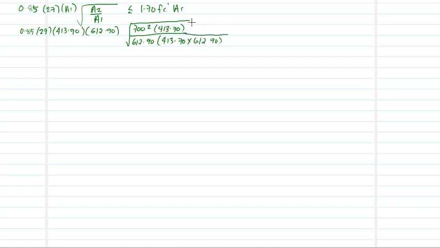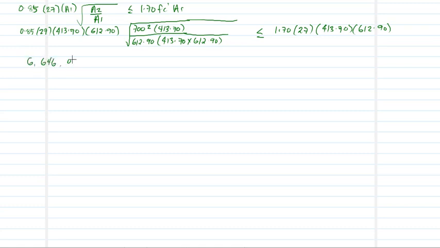Yun yung area 1 natin. Okay? This should be less than or equal to 1.70 FC prime 27, area 1, 413.70 multiplied by 612.90.